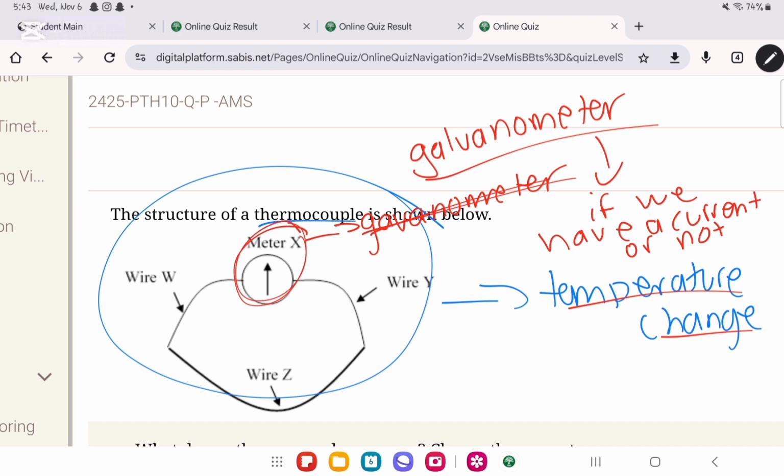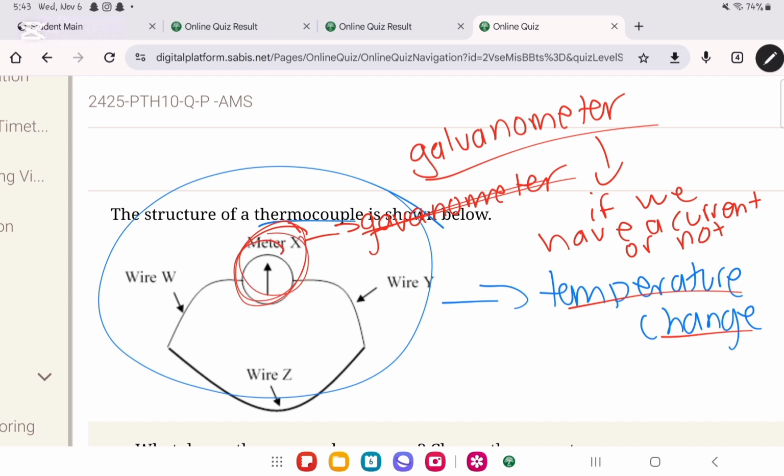Now what happens is that the thermocouple, all in all, will see, for example with the AC, you say, I want it 20 degrees Celsius. If your room is 25 degrees Celsius, it's going to say we need a change of 5 degrees Celsius, so it is going to keep on lowering the temperature by emitting a current through the galvanometer.